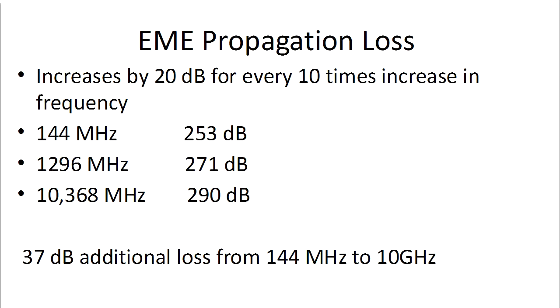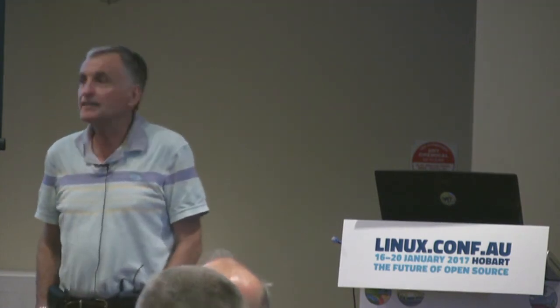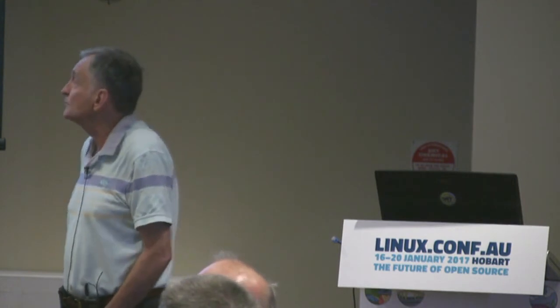Now we'll go into some of the technical things. A signal going to the moon and back has a propagation loss of these sort of large numbers. Now, this is in decibels, a log scale, so you can imagine this is a loss of 253 dB up to 290 dB by the time you send a signal to the moon and back.